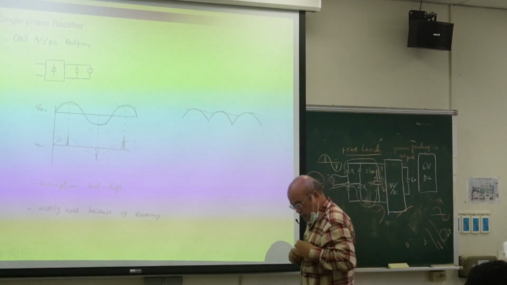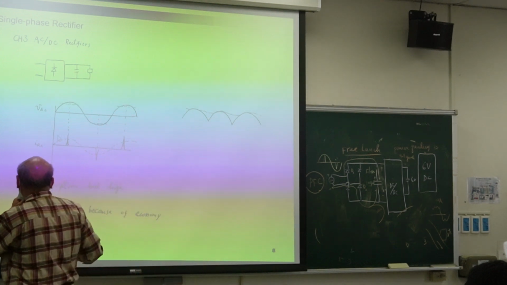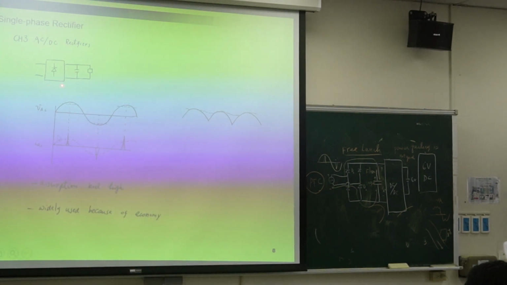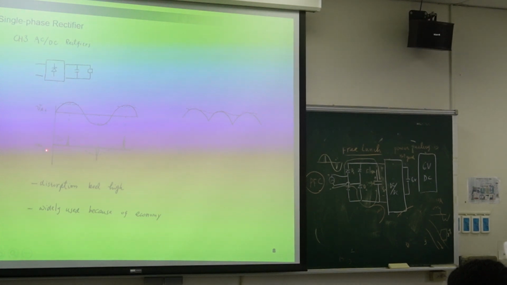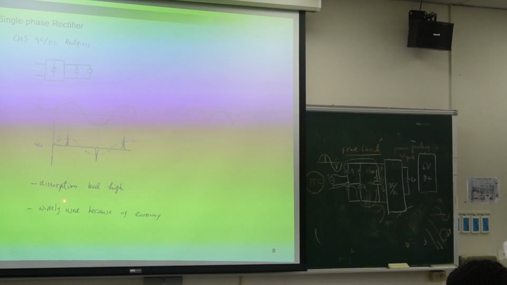So he asks you to finish this assignment in 1 week. So we learned that if you use a rectifier, then only here the current flows. Then the current is discontinuous. If the current is discontinuous, it is far away from sinusoid. Then your harmonics are huge. Your power factor is poor. So you can say the current has a huge distortion.